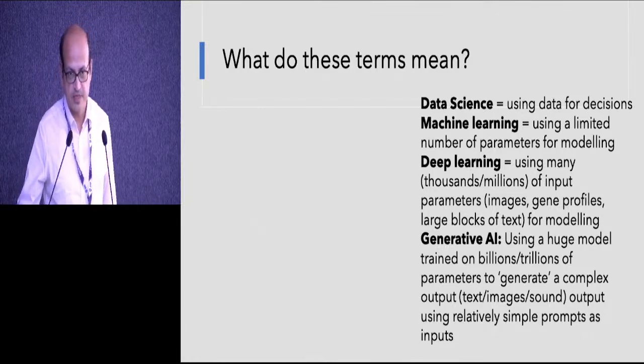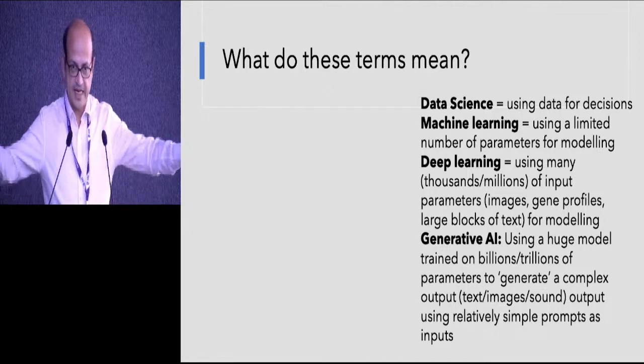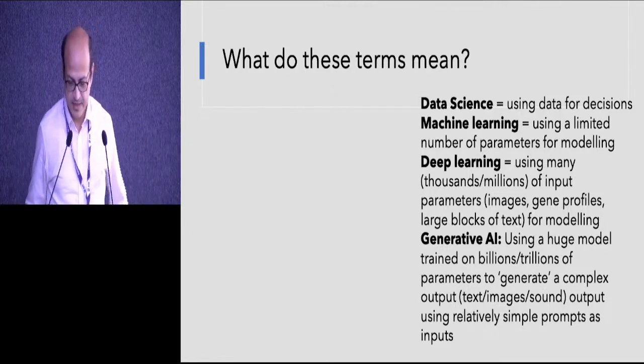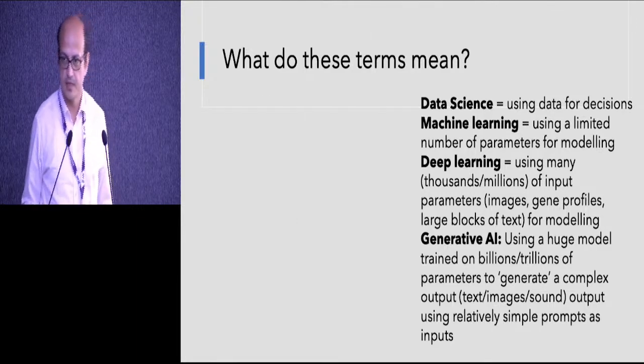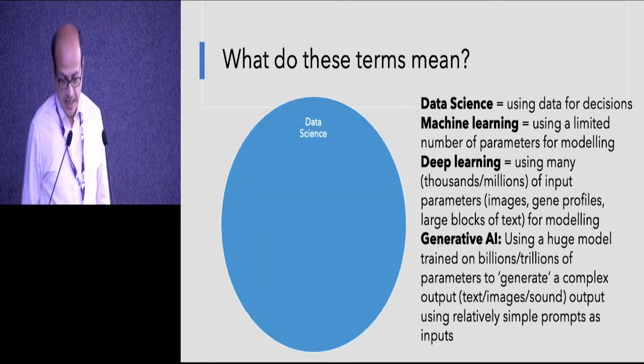data science means using data for decisions. Okay, any kind of data. You analyze your paper, you're using data science, right? So that's data science.